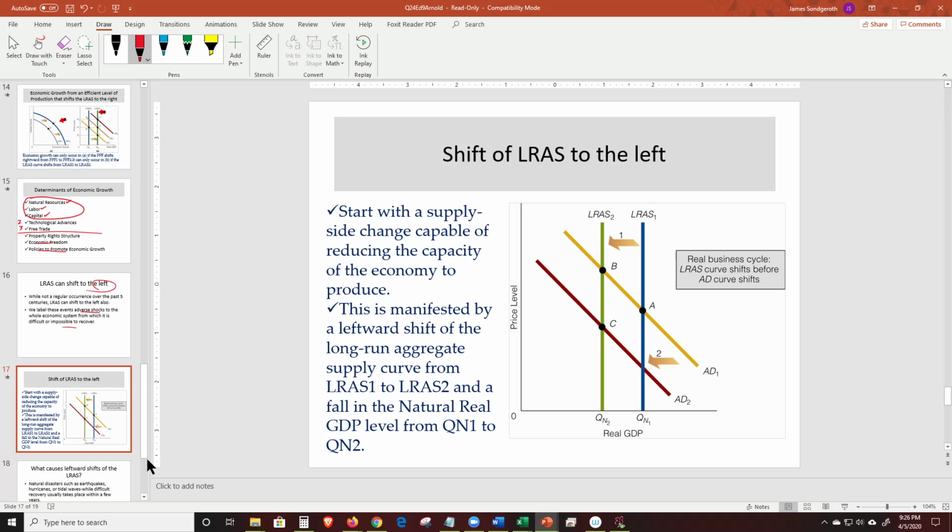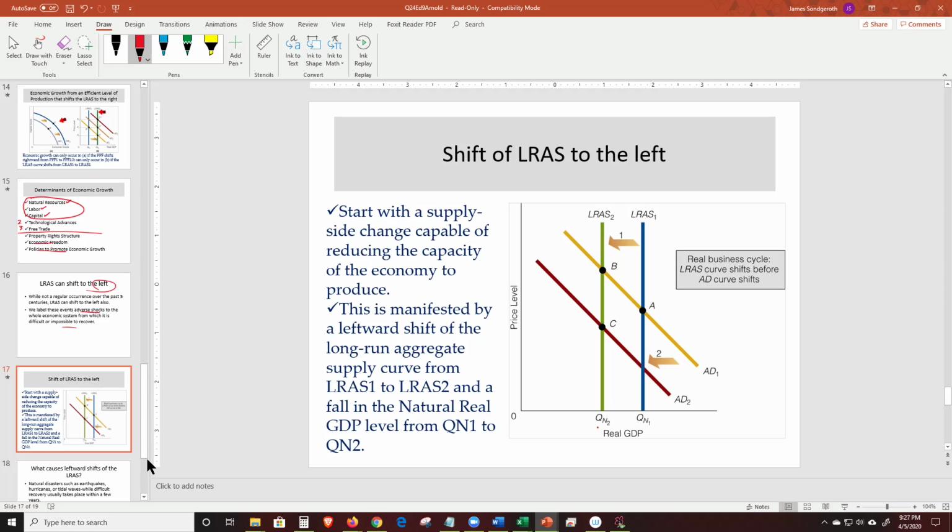Now, sometimes it's not. For example, here's an adverse shock that reduces the capacity of the economy. This is manifested by a leftward shift of the long run aggregate supply curve from LRAS sub 1 to LRAS sub 2, okay?